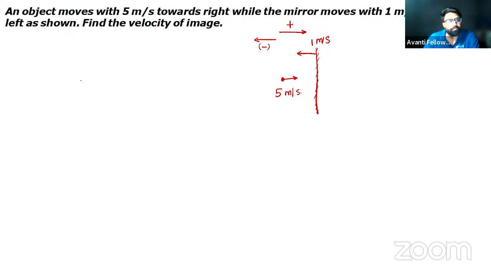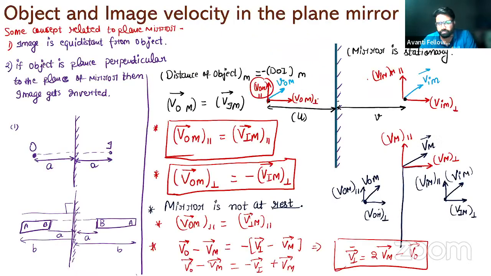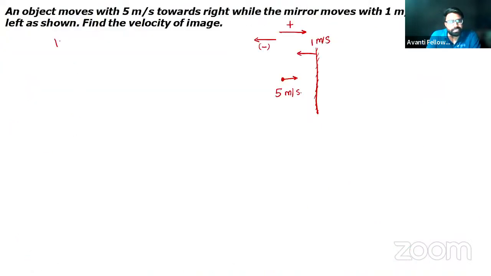Clear? Now we know that from the previous relationship, velocity of image parallel equals velocity of object parallel. If you open it up, velocity of object with respect to mirror parallel equals velocity of image with respect to mirror parallel. Now you can open it in absolute terms: velocity of object minus velocity of mirror equals velocity of image minus velocity of mirror.